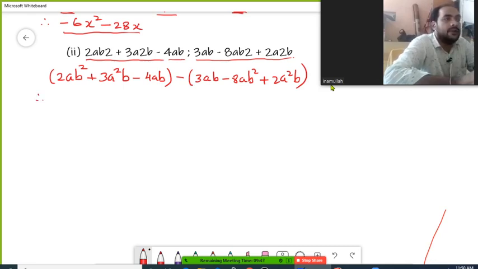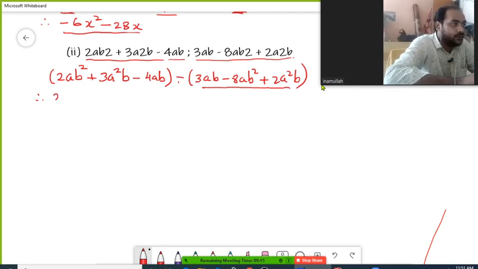After writing both the polynomials with a minus sign between them, because we are subtracting, we will open the bracket. And when we open the bracket, don't forget to change all the signs in the second bracket, because there is a minus sign before the bracket. So when you open the bracket, all positive terms will become negative and all negative terms will become positive.